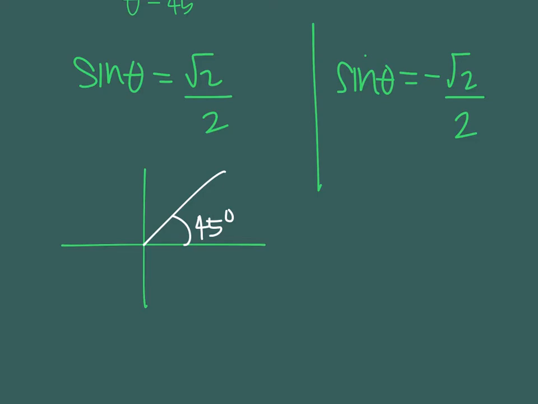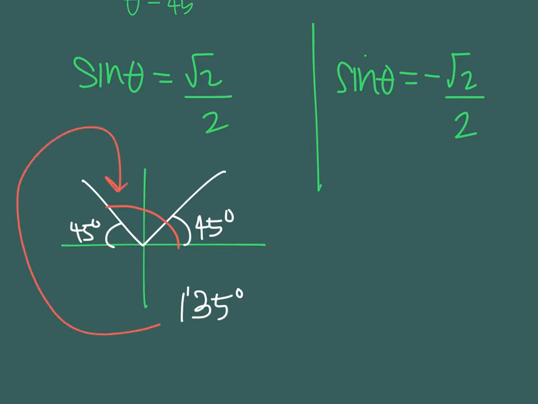Where else is sine theta equal to a positive number? The second answer is 135 because of the positive sign, in the second quadrant. Reference angle 45, but the actual angle is from 0 up to the terminal side. So that's the 135.